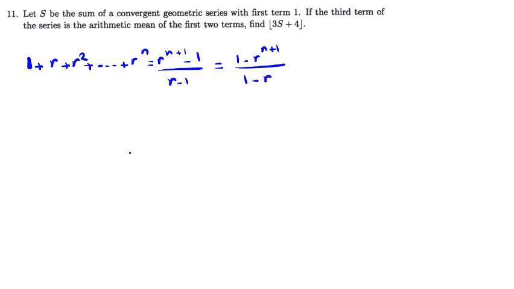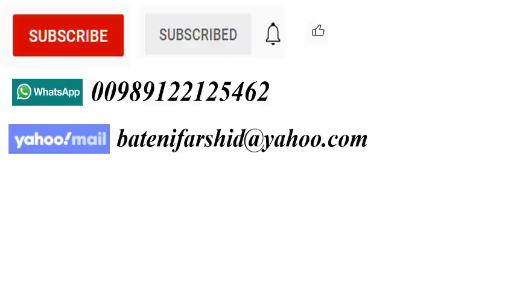Here, suppose the first element is 1, the second element r, then r squared, r cubed, to infinity, and it says convergent geometric series S is 1 plus r plus r squared plus r cubed. There are around 4 more identities. If you want to know them, as I said, feel free to send a message to my WhatsApp number here.